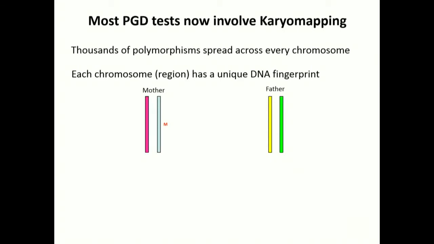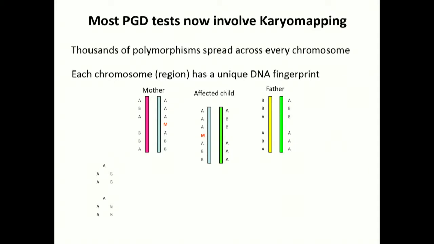So perhaps a mother with a dominant mutation. We'll have a look at the polymorphisms either side of this. In reality, with carrier mapping, we're usually looking at a couple of hundred polymorphisms in the vicinity of each gene. Type the father and an affected child too, and then get results from the embryo. And of course, what we're really looking for is indications of particular parental haplotypes.